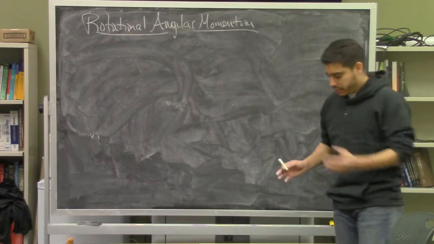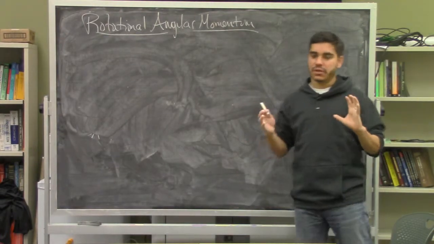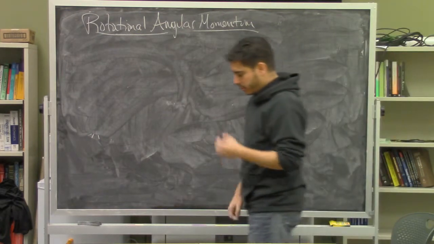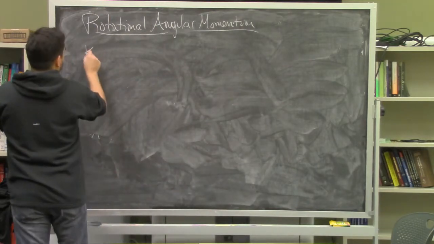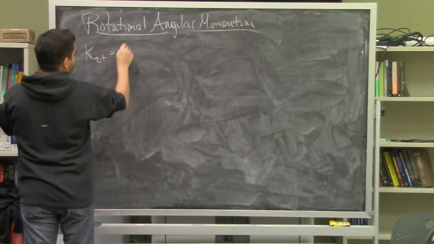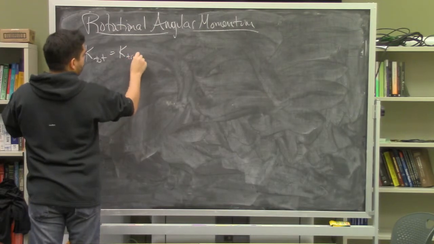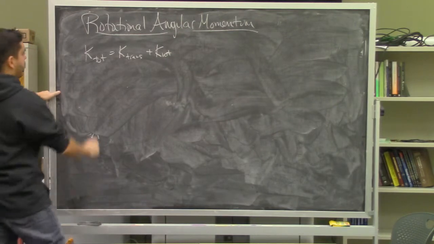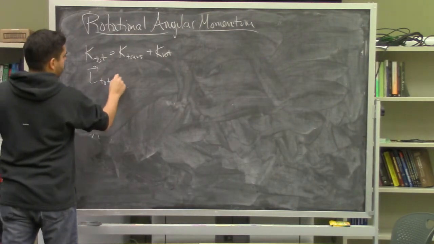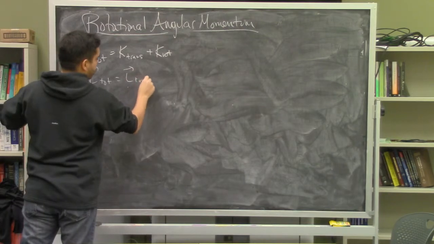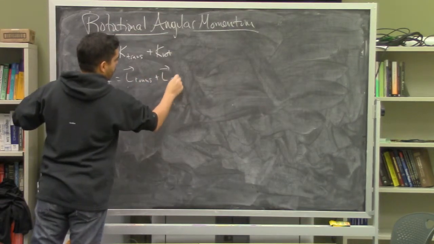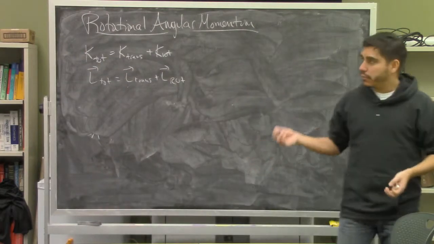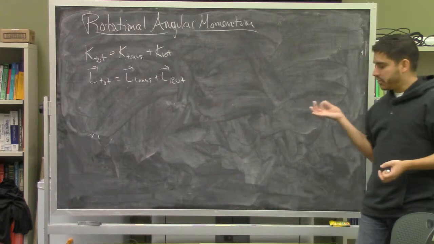All right, in this video, we're going to talk a little bit about the collective behavior of objects when they are moving around a center. And just like we did with kinetic energy, where we were working with the total kinetic energy and breaking that down into a translational bit and a rotational bit, we're going to break angular momentum down into a translational bit and a rotational bit, where the translational bit has to do with what we talked about in the previous video, where an object is moving past a location.